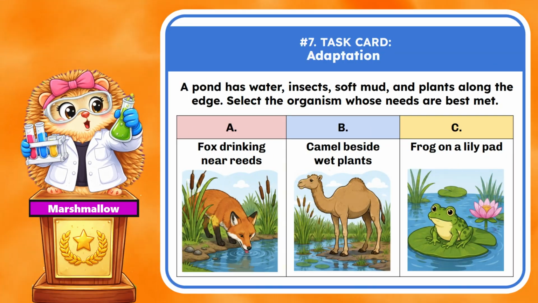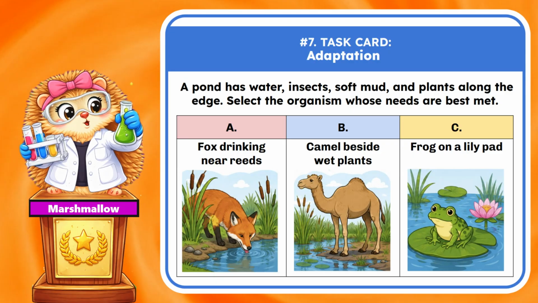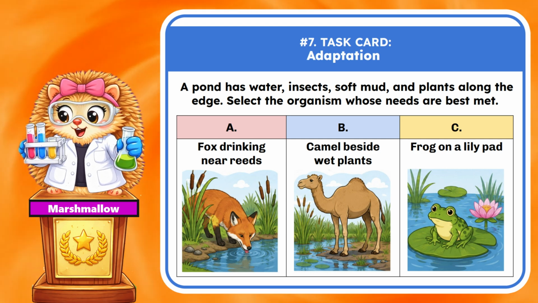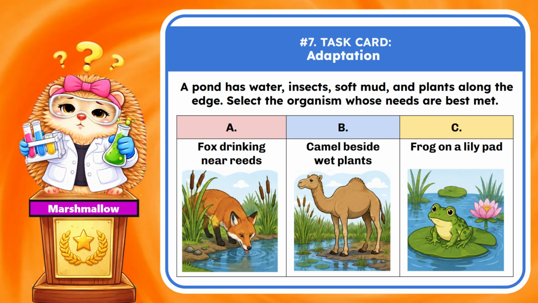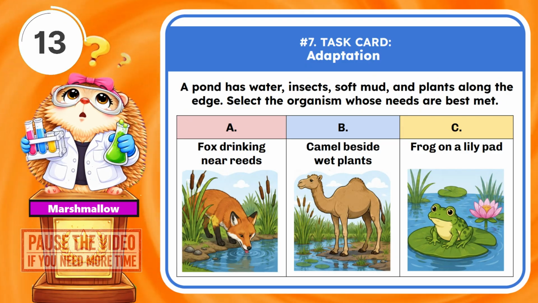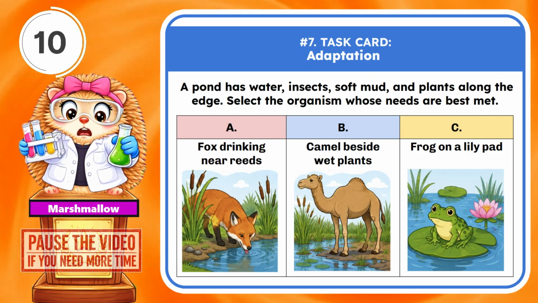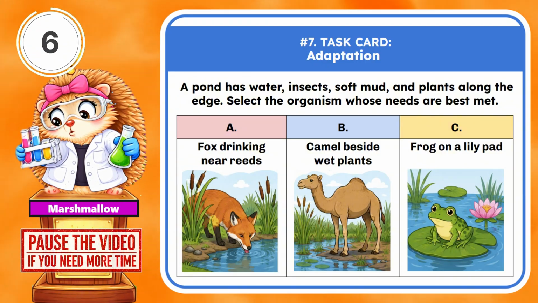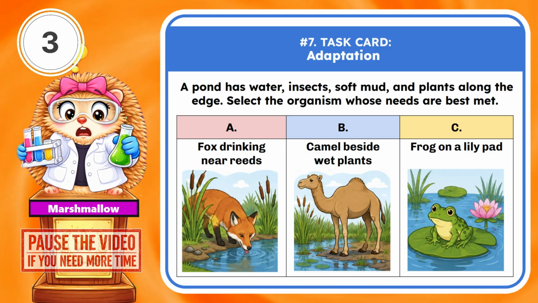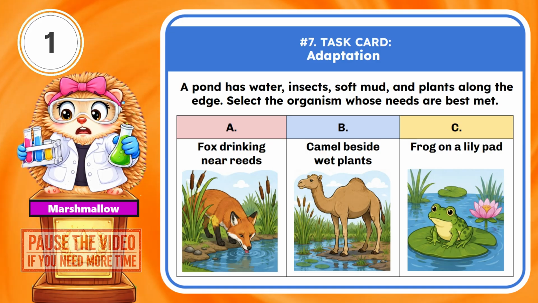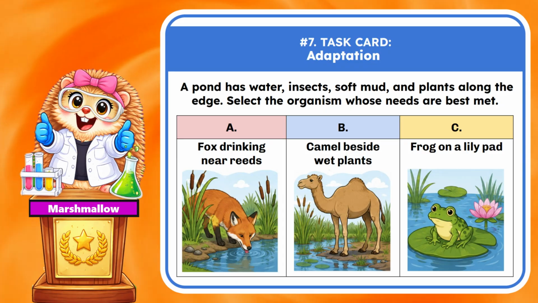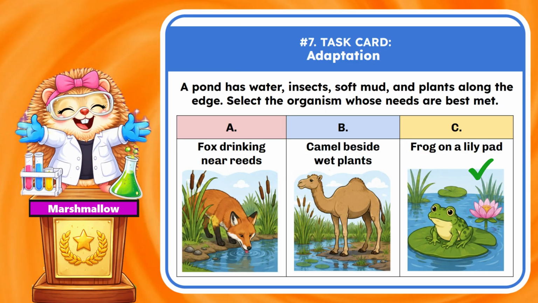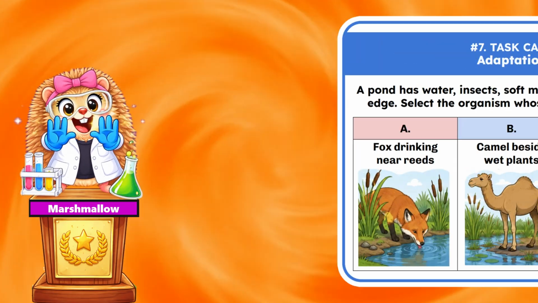A pond has water, insects, soft mud, and plants along the edge. Select the organism whose needs are best met. And the correct answer is letter C, frog on a lily pad.